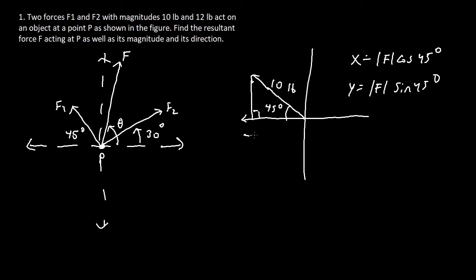So it'll be negative 10 times cosine of 45. And then the y value would be 10 times sine of 45 degrees. So if I were to rewrite force 1 in component form, force 1 is going to be equal to the x component, which is negative 10 cosine of 45 degrees, and then the y component, which is 10 times sine of 45 degrees.